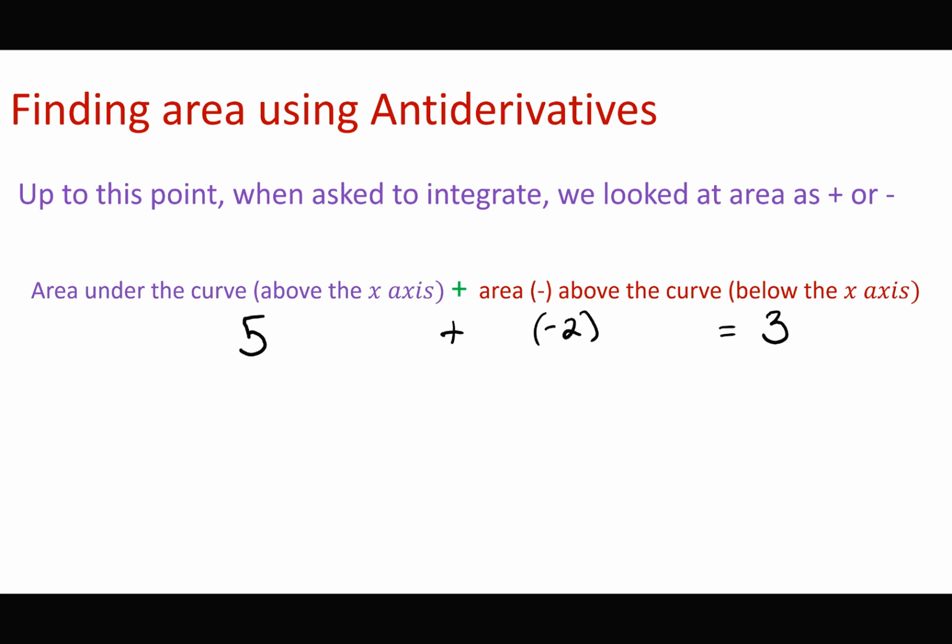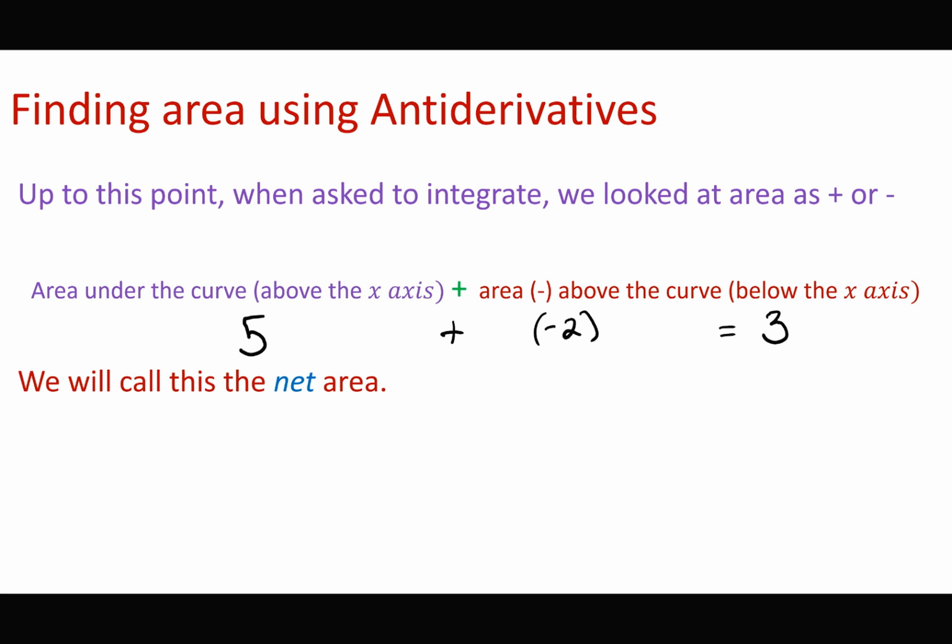On this interval, the combined areas take into account what's negative and what's positive, and this gives me 3. We'll call this net area. It's taking all positives, taking negatives, combining them together, and spitting out one output.